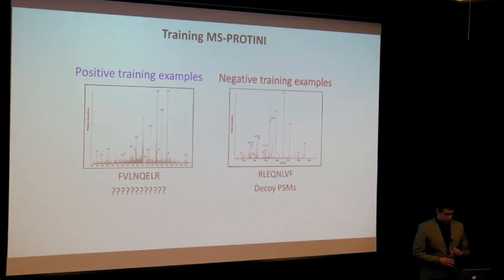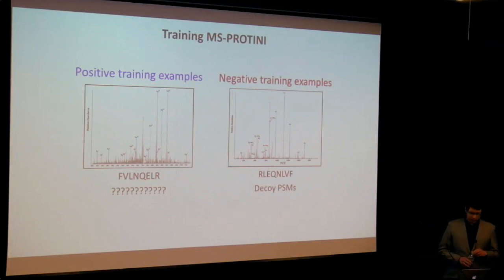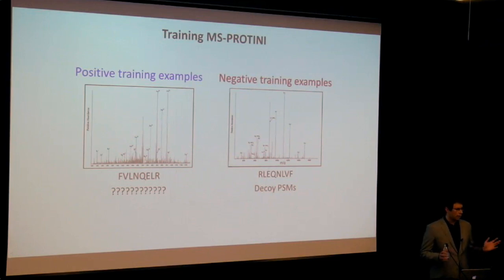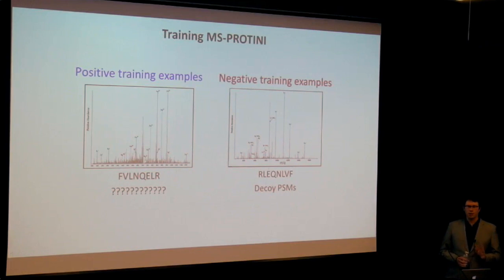Once we decided on our features, we obviously needed to decide on the training of that classifier, and that's actually pretty straightforward for the negative examples because we have all these decoy hits that represent negative identifications. But the positive training example, it's not that trivial, in fact. For the positive training examples, well, we don't really have any because we are trying to figure out if the matches that we have are indeed correct or not.